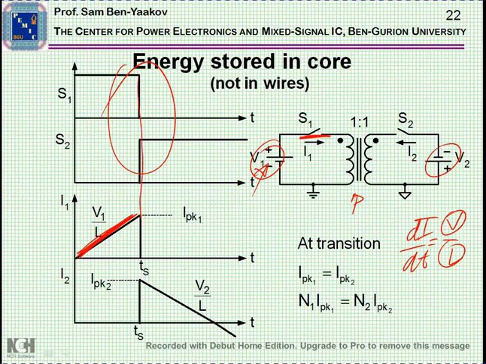There is an interruption here in terms of the switches changing, S1 is open and then S2 is conducting. Consequently, if this is one-to-one, the peak current will be exactly the same, and the current will now go down. The reason it will go down is that I've put here a voltage of reverse polarity. So when the polarity is reversed, there's a di/dt of a different polarity too. Important to know that in this case, the I peak and I peak will be the same.